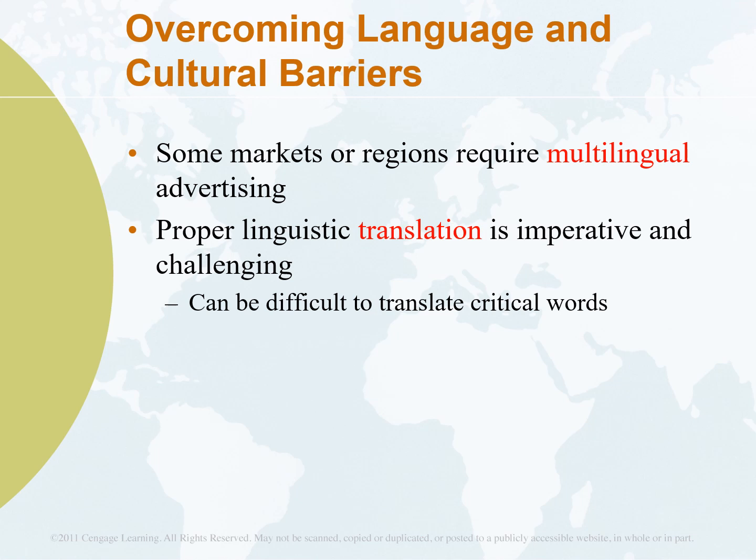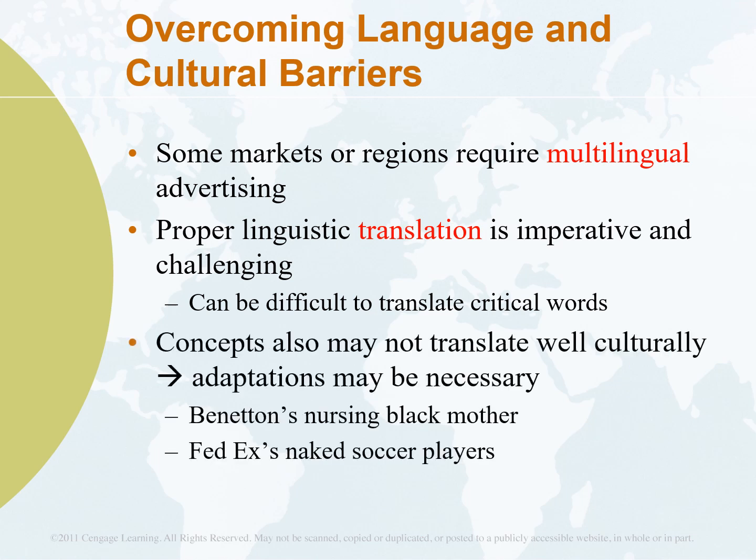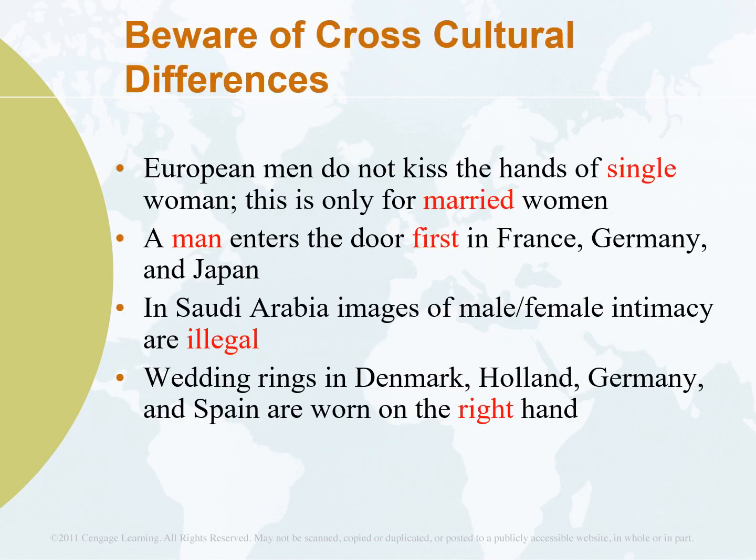Multilingual advertising could be required, and translation is imperative and challenging. The concepts may not translate very well culturally, so be careful of that. Be aware of cultural differences in different countries, in Europe, in Japan, in Asia.